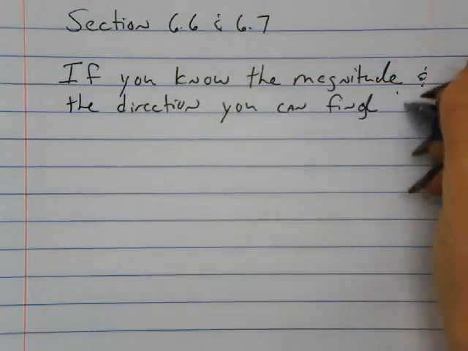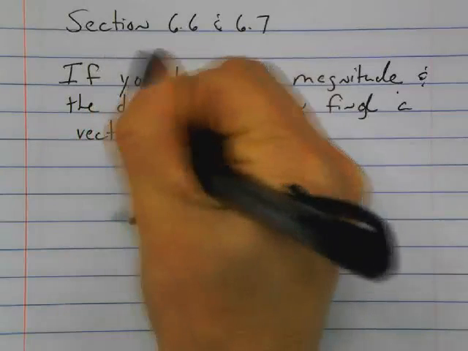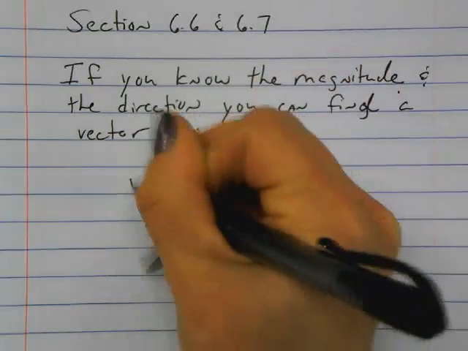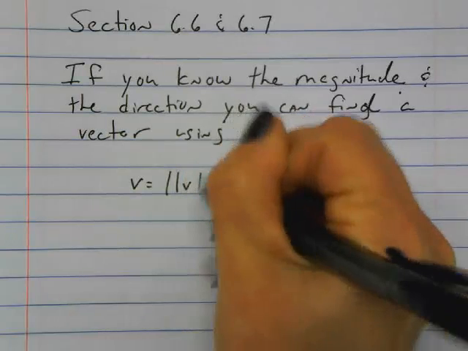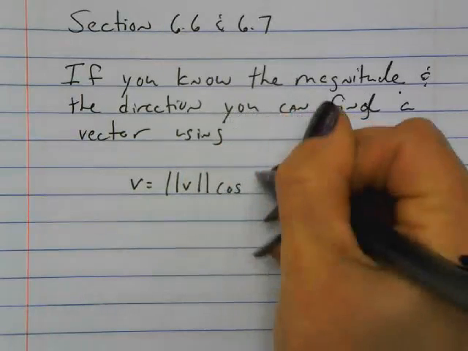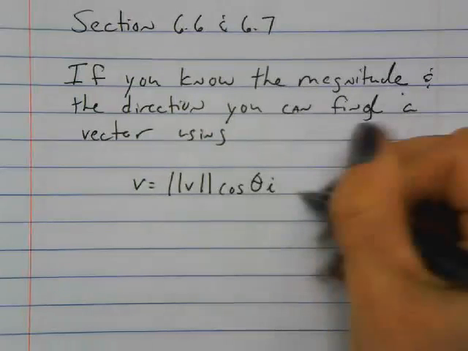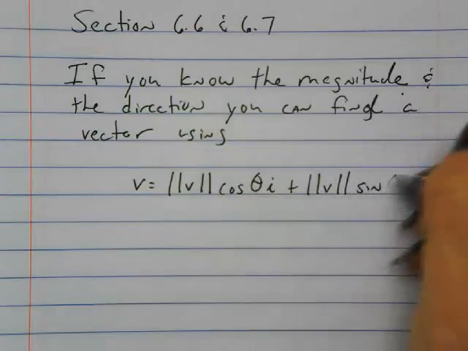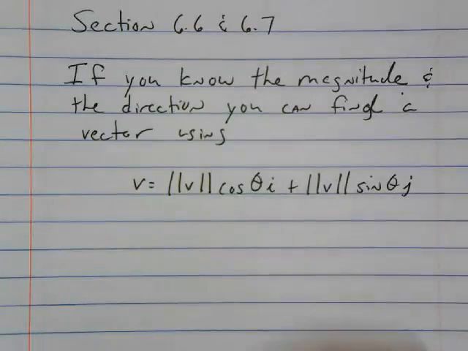Whoops, that should be theta. Using the formula, the vector is equal to the magnitude of v cosine theta i plus the magnitude of the vector sine theta j.